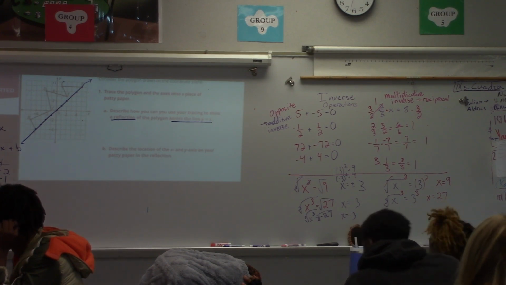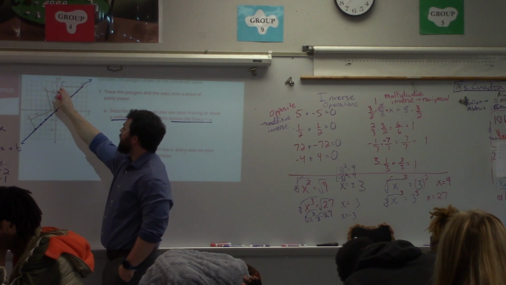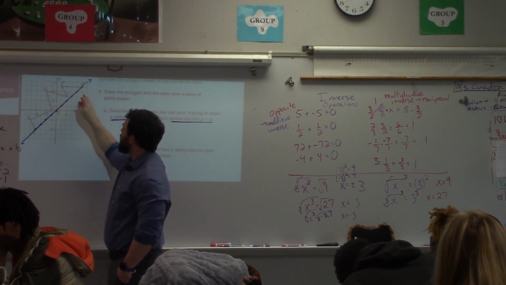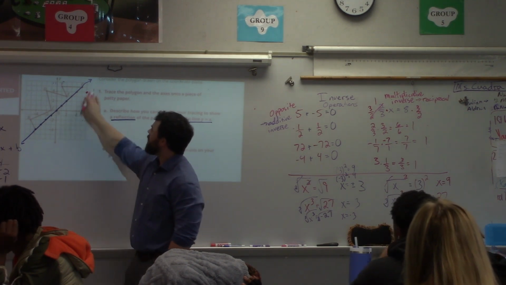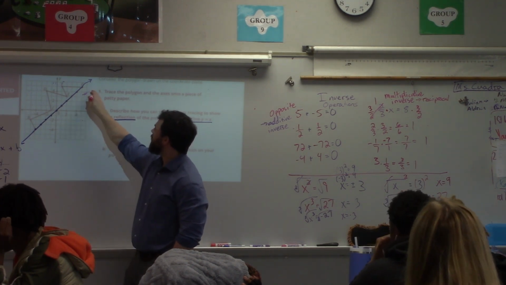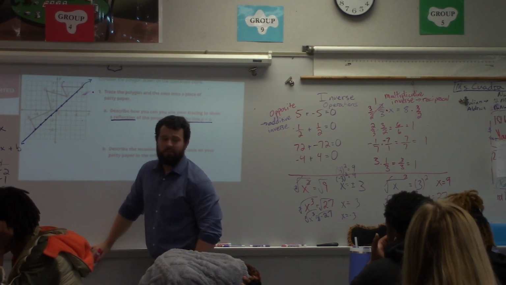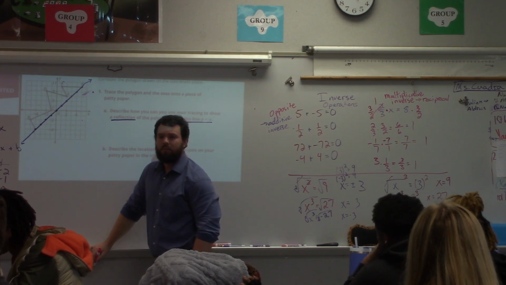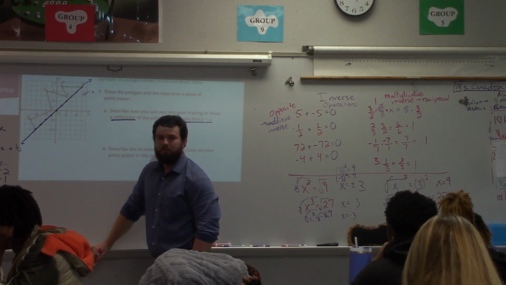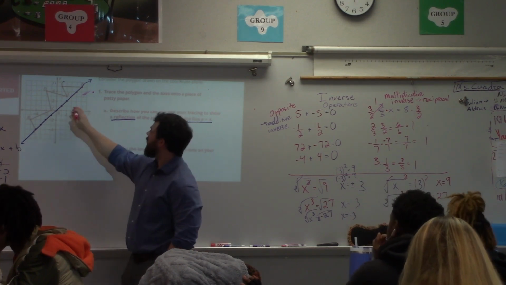If I were to take this point F and reflect it over this line, could it be right here? Or maybe right here? It's across it, right? So is that the correct place for it to be? So how do you know it's here and not here?